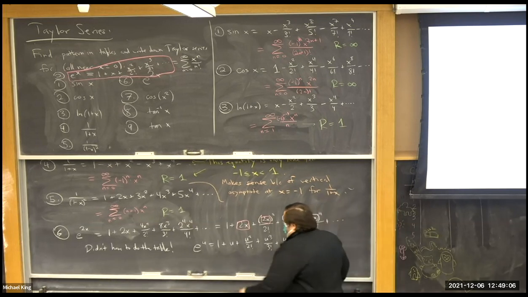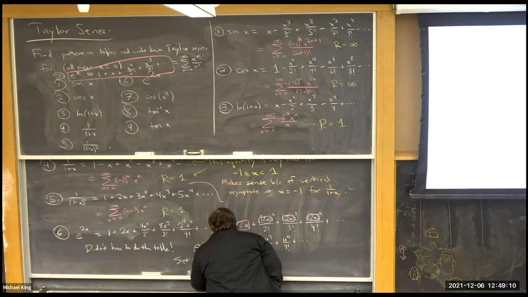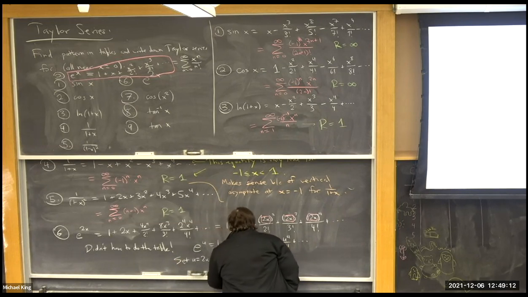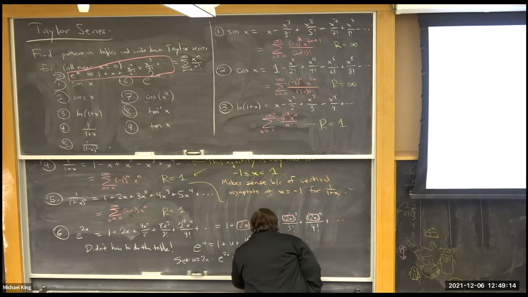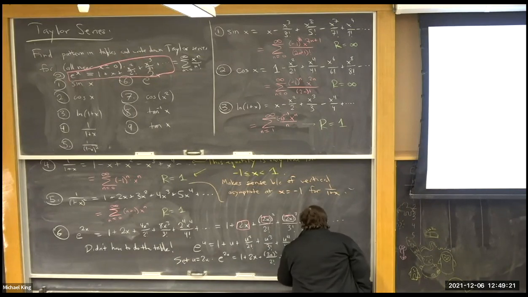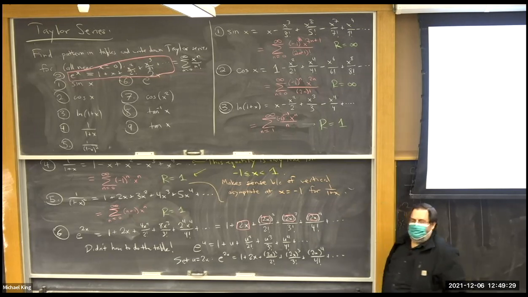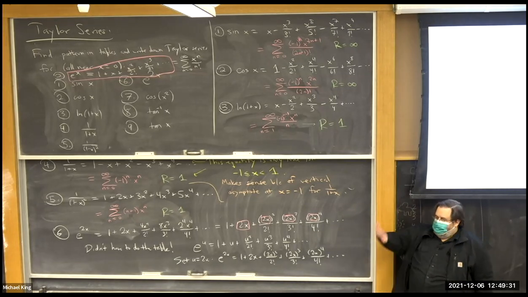And then now just set u equals 2x. E to the 2x is 1 plus 2x plus 2x quantity squared over 2 factorial plus. So that's what I'm saying, you can actually piggyback. There's all this piggybacking off of known Taylor series that we do. That's better than trying to make the table and find the pattern.